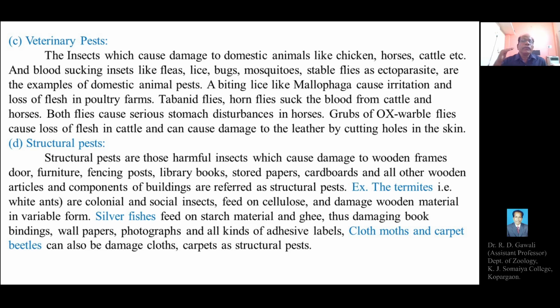So the insects which cause damage to domestic animals like chicken, horses, cattle, even sheep, goat. There are a variety of animals which can be grown in the field or near houses in the form of dairy, poultry, piggery, duckery.